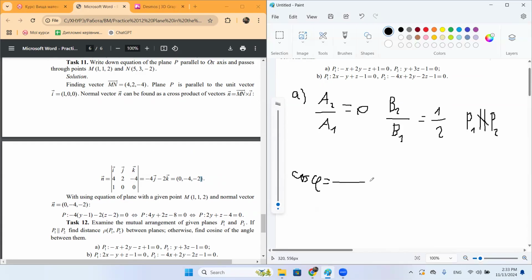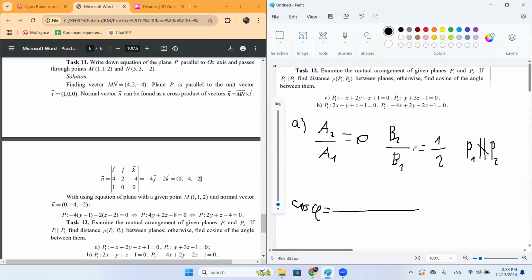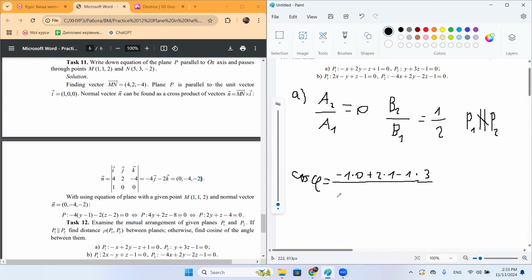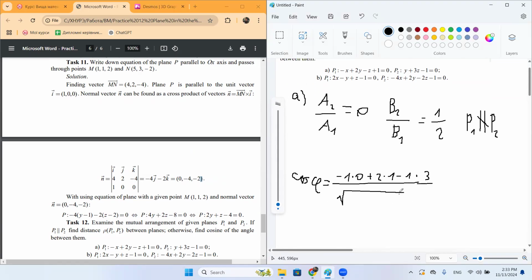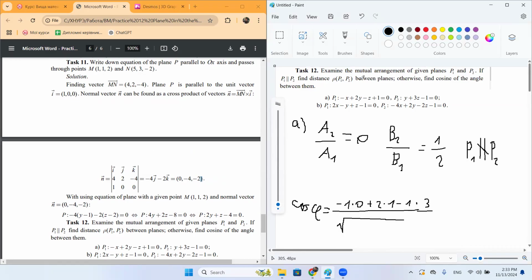Now let's calculate the scalar product. Minus 1 times 0 plus 2 times 1 minus 1 times 3, and divide by the product of magnitudes.